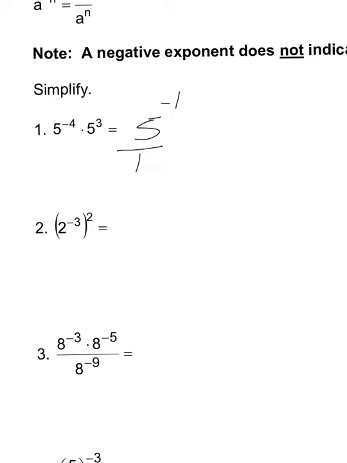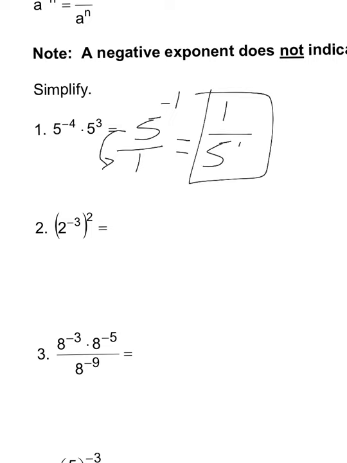So it's all about moving it to the opposite of where it's at and changing it to a positive. So in this particular case, I would move that 5 to the negative 1 power down, so it's now on the bottom, and it's 5 to the positive 1 power. And that's it for that one.